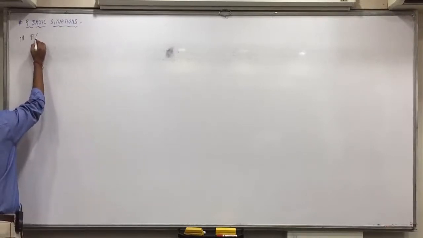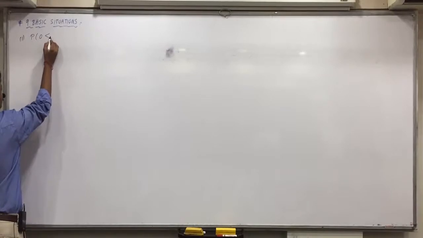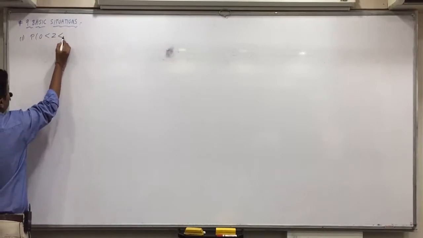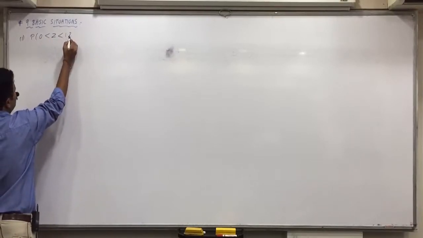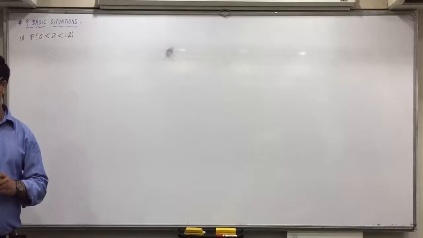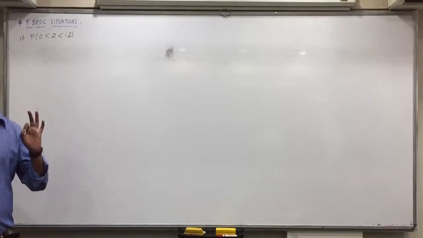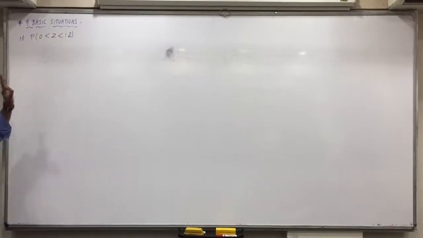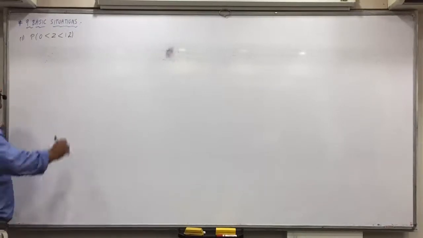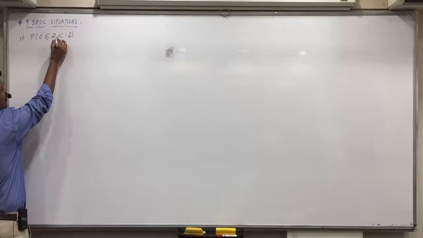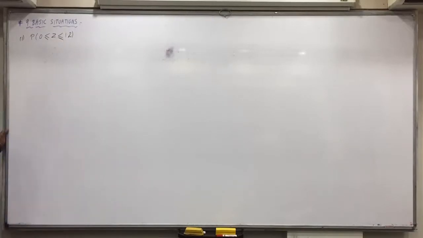Understand how to solve this using the table. Suppose you are asked the probability of 0 less than Z less than 1.2. Now listen carefully. The probability of 0 less than Z less than 1.2 will be the same as the probability of 0 less than or equal to Z less than or equal to 1.2.